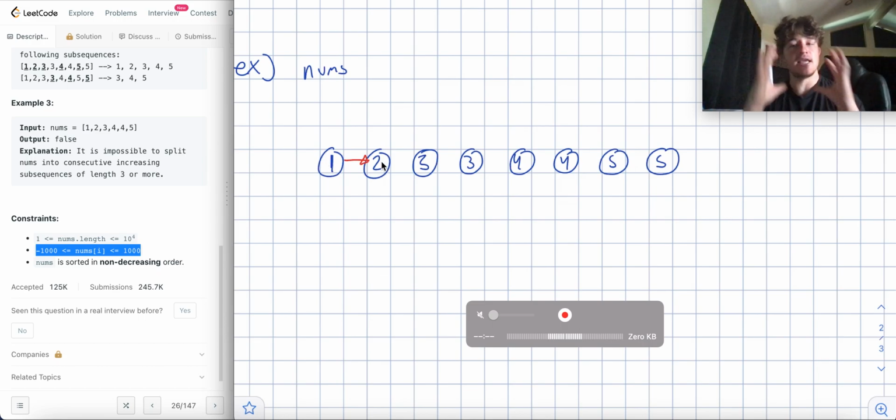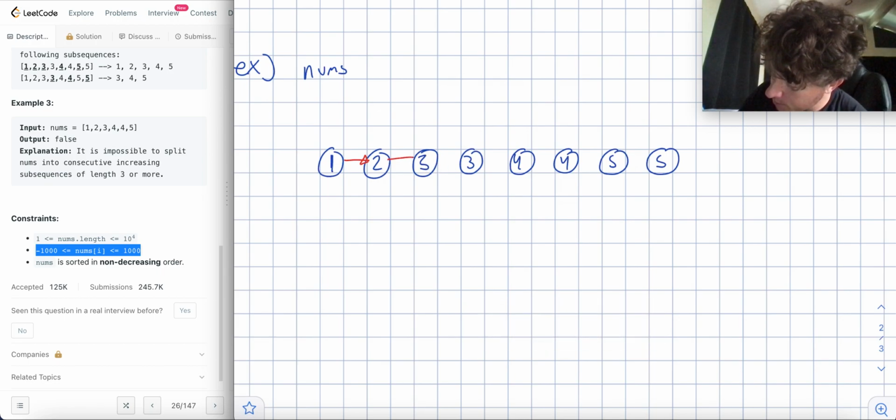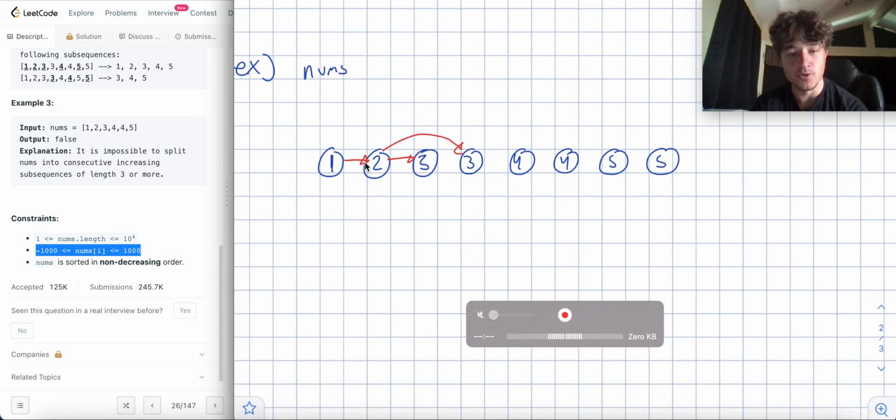So let me make the same point, but with 3. So when I have 3 here, should I connect 2 to this 3, or should I wait? Because the second I connect this 2 to this 3, I can't do this, because there's the sequence 1, 2, 3, but I can't use the 2 twice. So when I connect this 2 to this 3, it's locked.